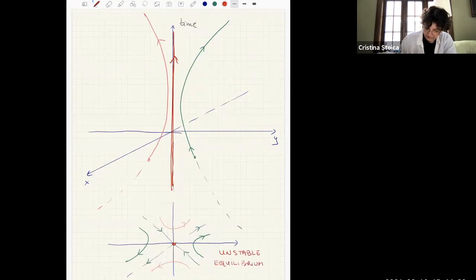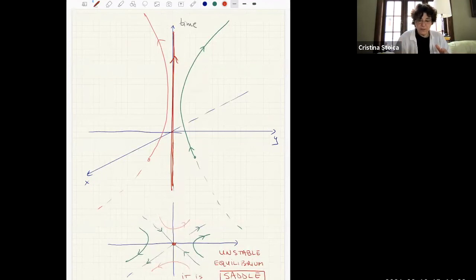And its nature makes it be called a saddle. We're going to do this in more detail, but we can already recognize saddles in the phase space of a conservative system. We don't have to do any calculation.